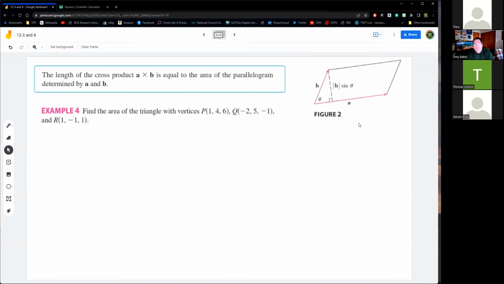So the area of a parallelogram, remember, it's base times height.